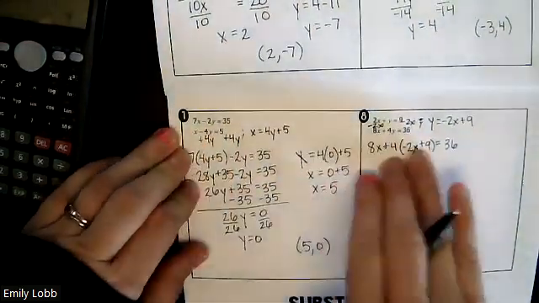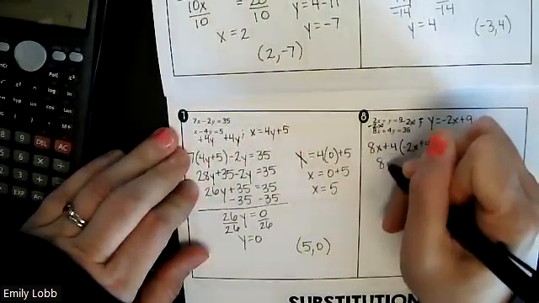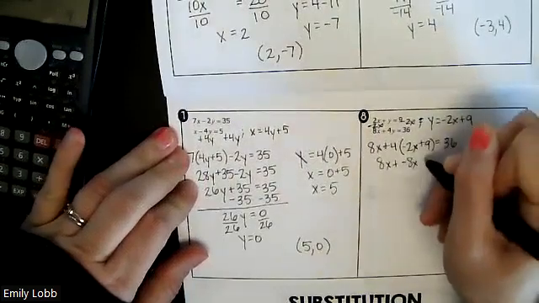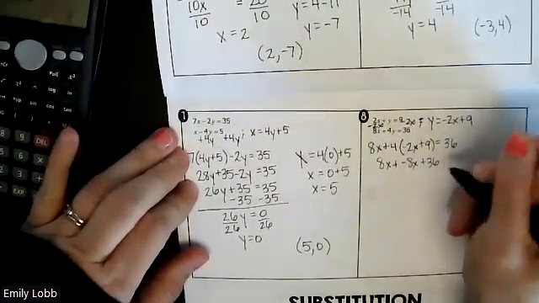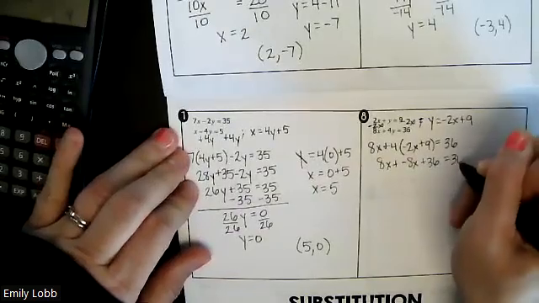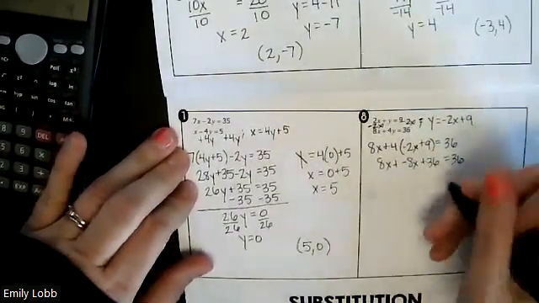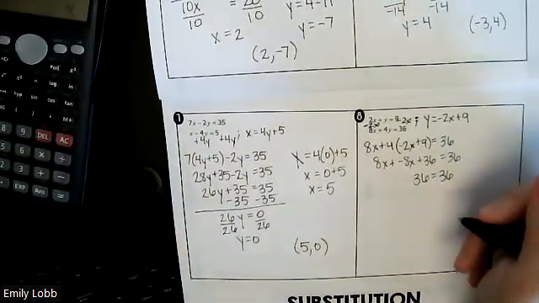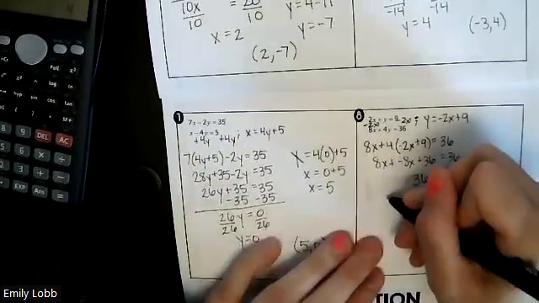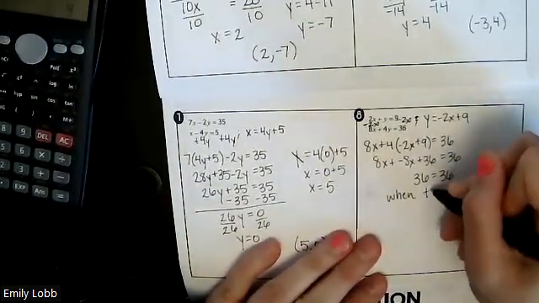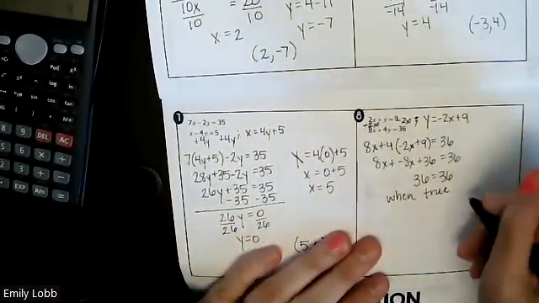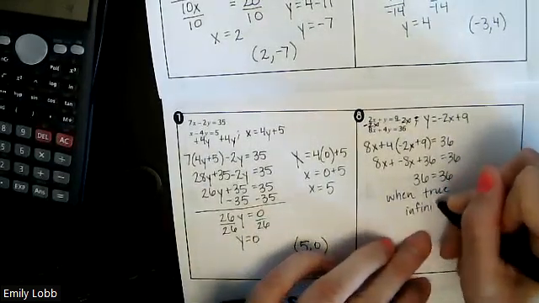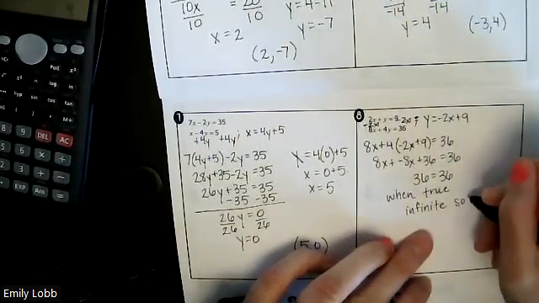So same process, distribute. We have 8x plus negative 8x, plus 36. What is going to happen here? These are going to cancel out, and we have 36 equals 36. So when this is true, and this is true, right, there are infinite solutions.